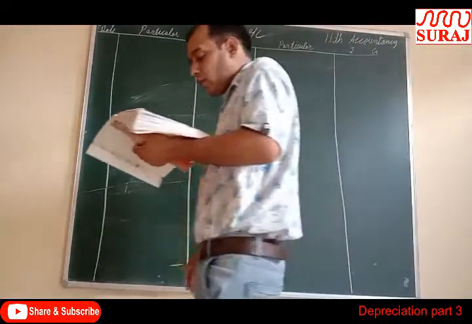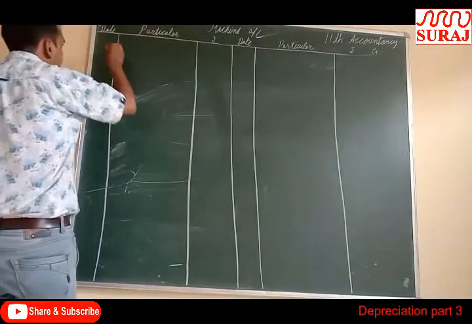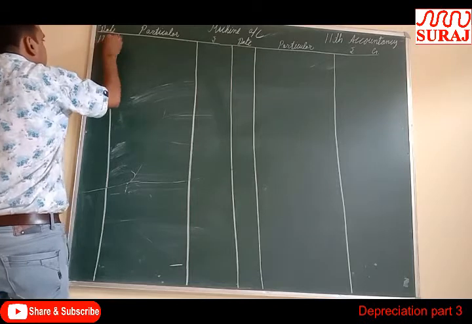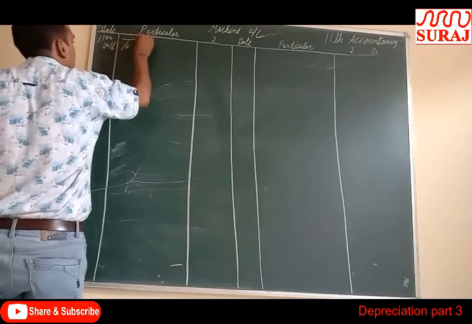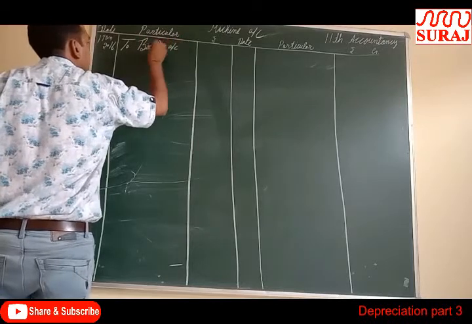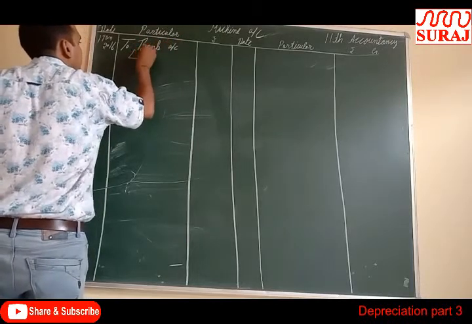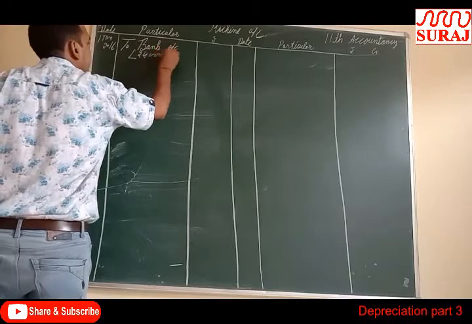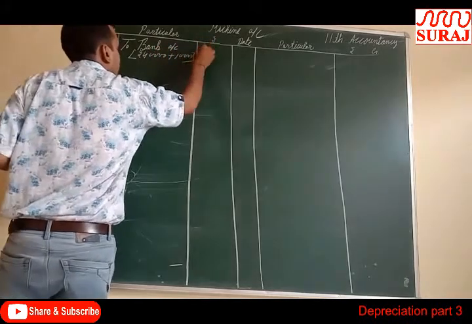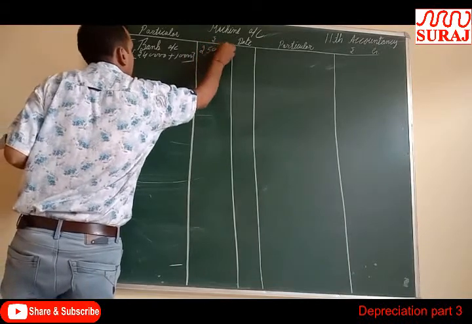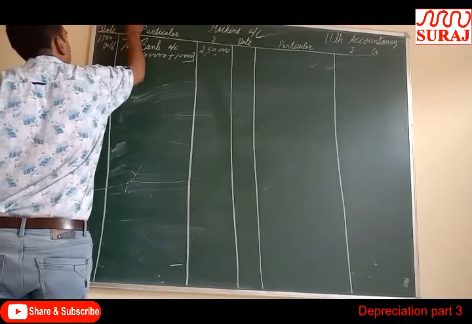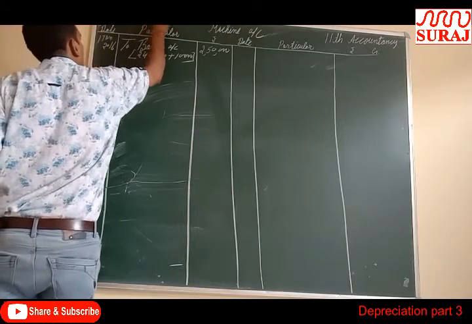Now your asset cost becomes 2,50,000. 1st January 2016, to bank account, 2,40,000 plus 10,000, 2,50,000. Your year runs from 1st January 2016 to 31st December 2016.